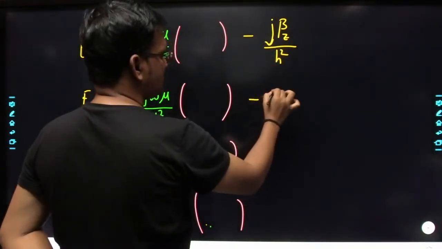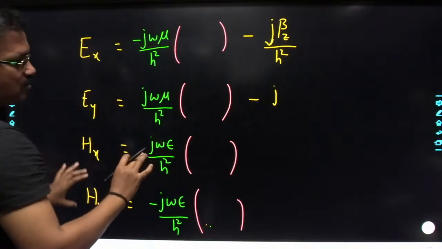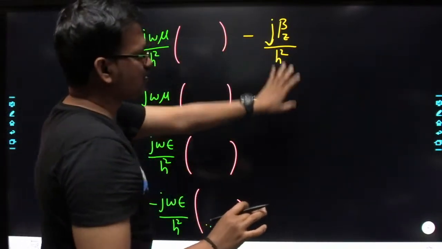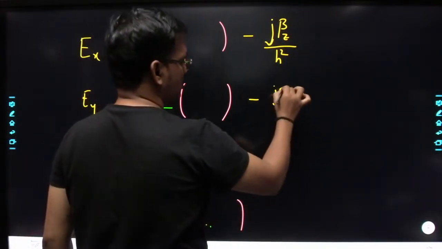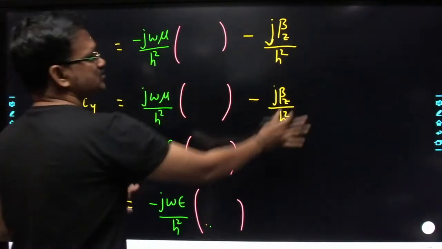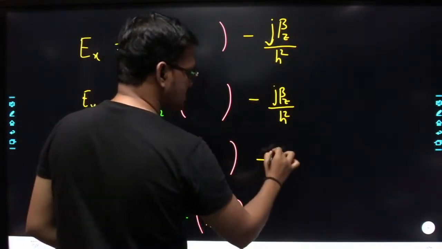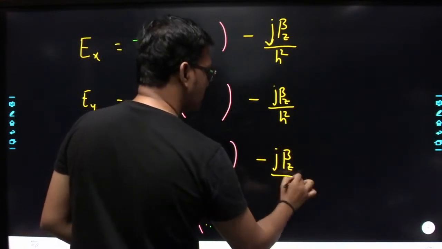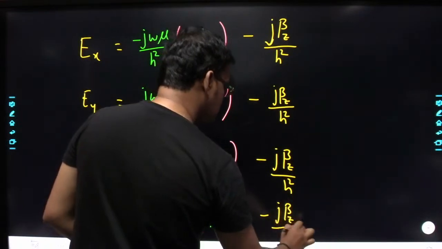In each and every expression, the second term will be j beta z by h square. So this is the first term and this is the second term. In the second term everywhere you must have minus j beta z by h square.